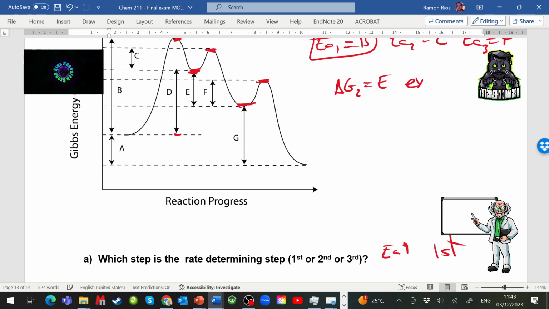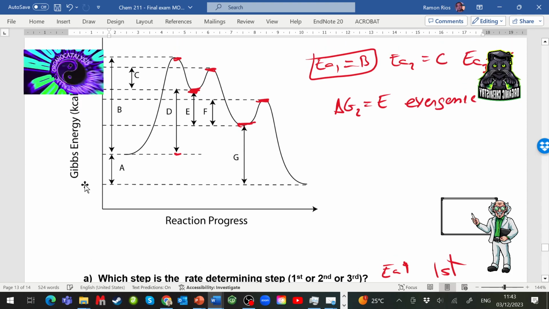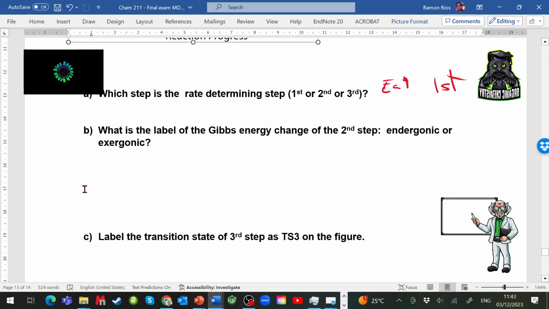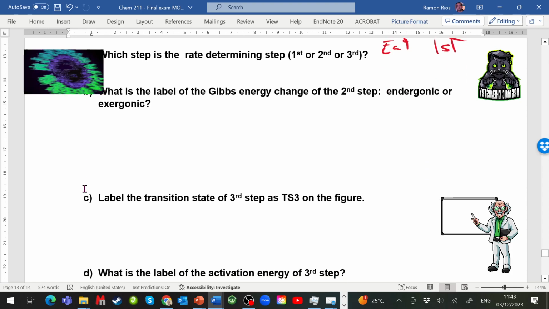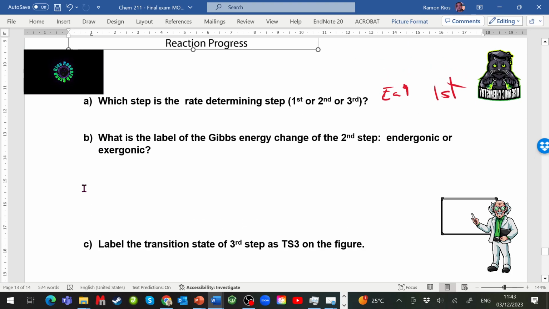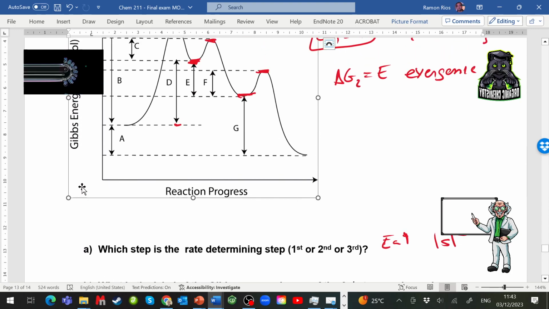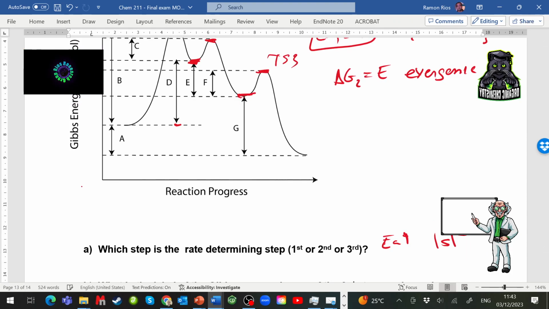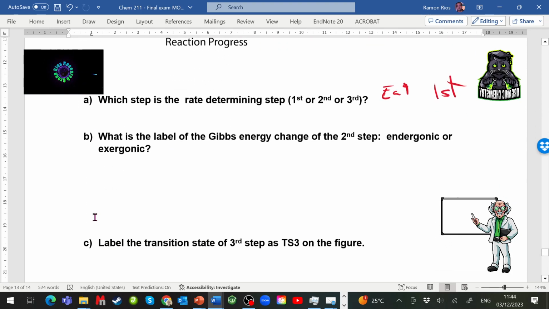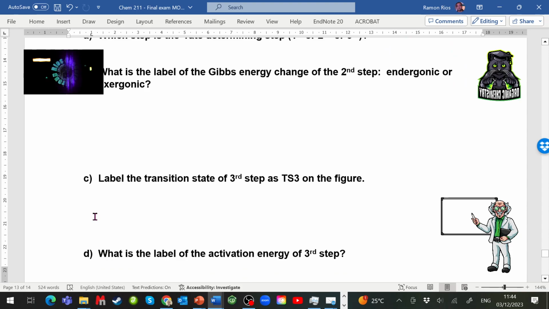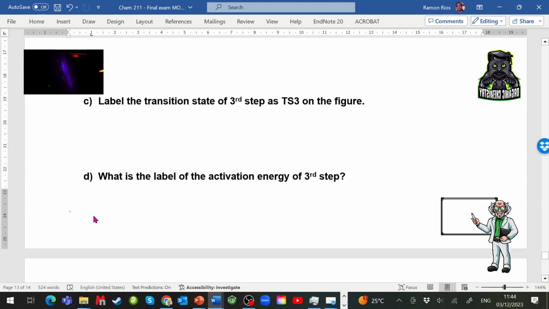That means that it is exergonic, because the final products are by far more stable than the starting materials. Okay, label the transition state of the third step as TS3 on the figure. Okay, the TS3 must be this. Okay, it's a maximum of energy, of the third step. What is the activation energy of the third step? We already did it. Okay.